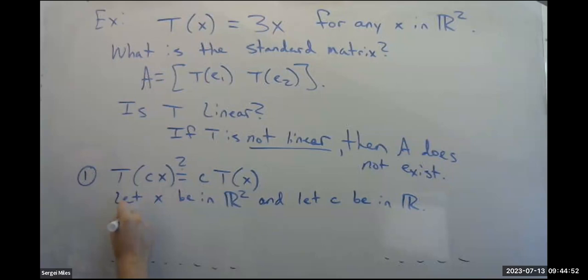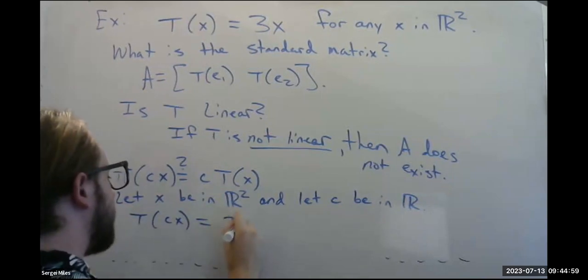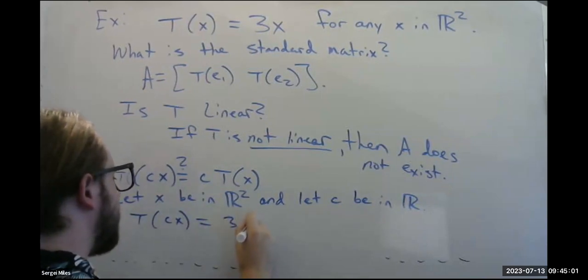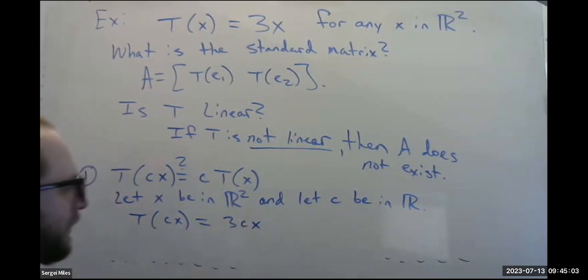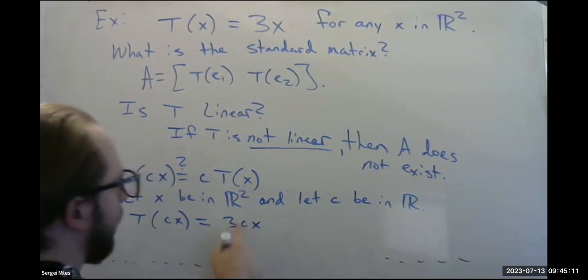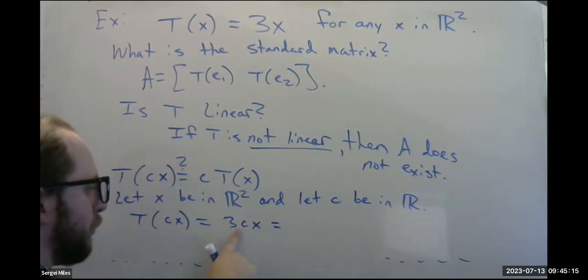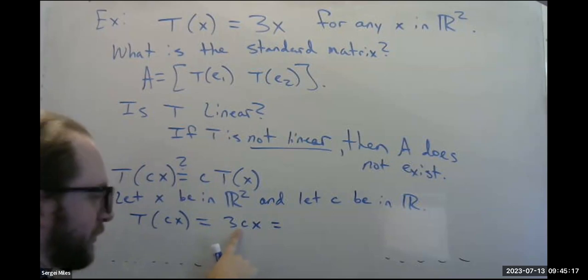T of Cx, where x is a vector. Transformation T says whatever is in the parentheses, I want to multiply it by 3. So this is 3 times C times the vector x, right? But what else can I do with this? Well, 3 and C are both just real constant numbers, right?